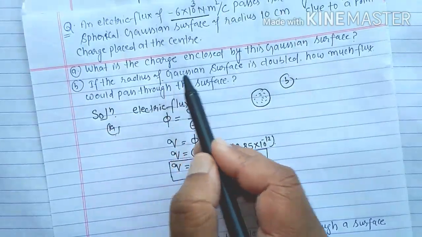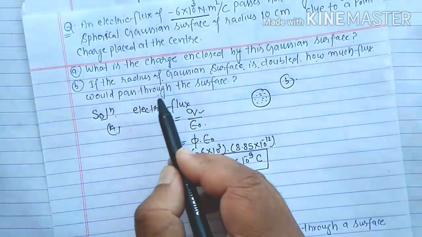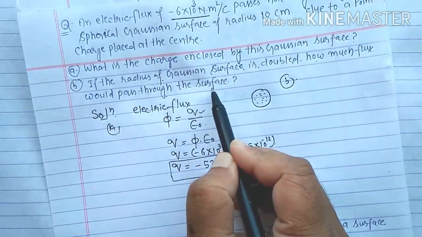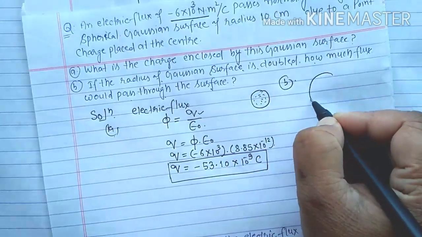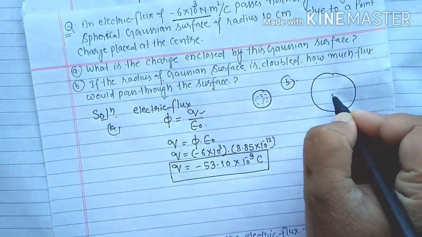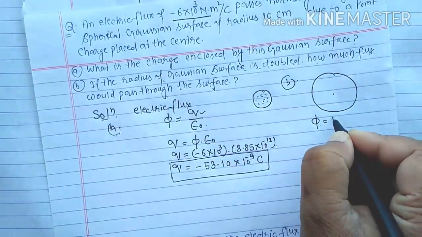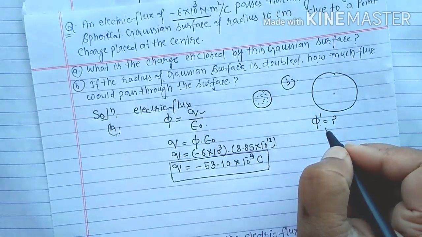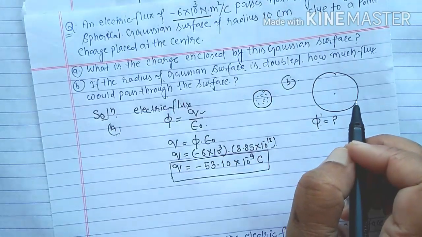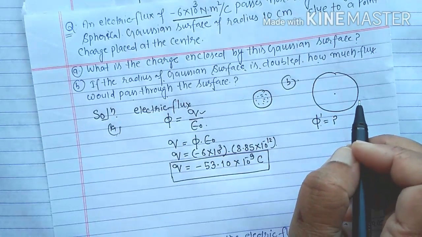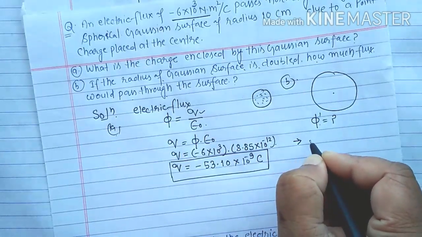If the radius of this Gaussian surface is doubled, how much flux would pass through the surface? Means in the second case, if we increase the radius of this Gaussian surface, then what will be the amount of electric flux passing through this Gaussian surface? So keep in mind, this amount of electric flux is independent of the dimension or shape and size of the surface. So just remember this special point.